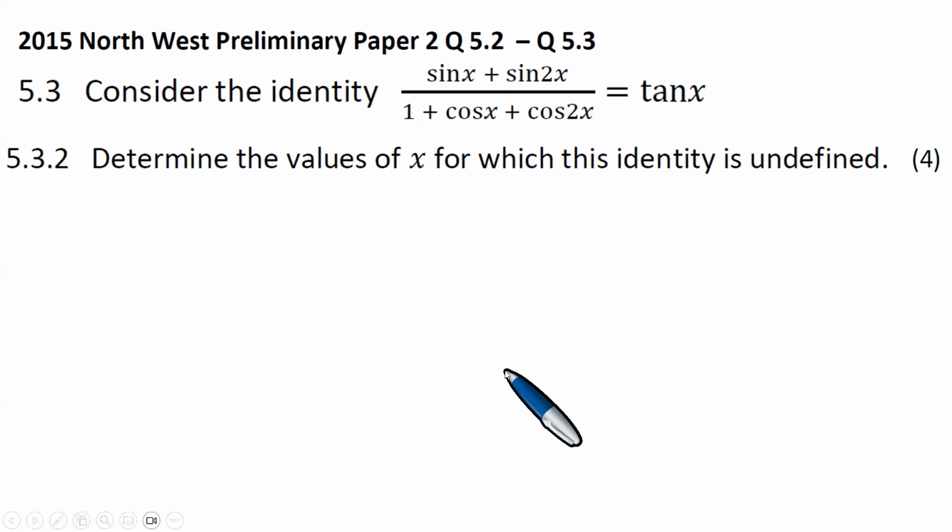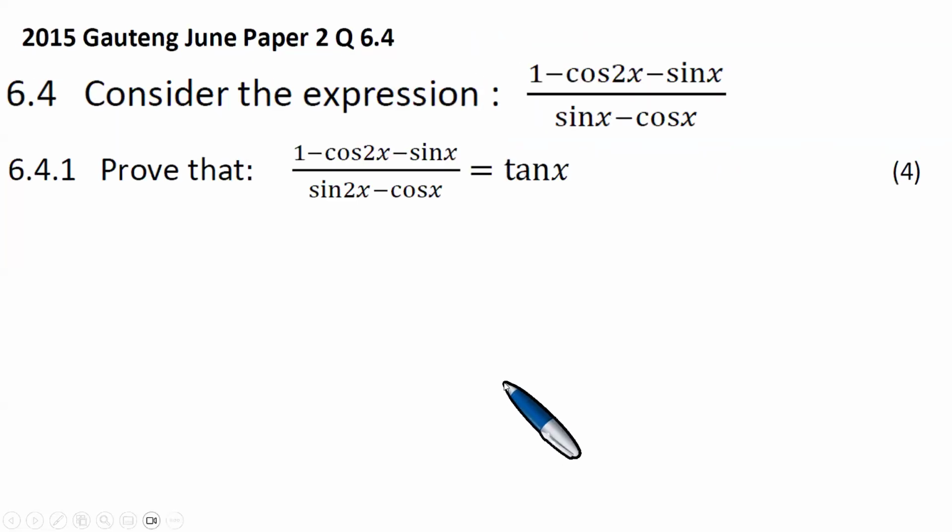Right. We have this one here, Gauteng 2015 June paper. Prove that the identity is true. It's like that one. We're going to discuss this one together.